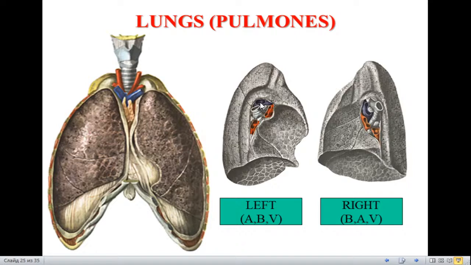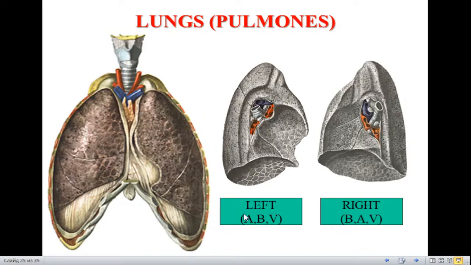About this you will study during your cardiovascular system classes. So remember, the pulmonary artery transmits deoxygenated blood. That's why in the picture it's blue. Then the bronchus, the main bronchus, and finally the pulmonary veins. Pulmonary veins transmit highly oxygenated blood. That's why they are red in the pictures.